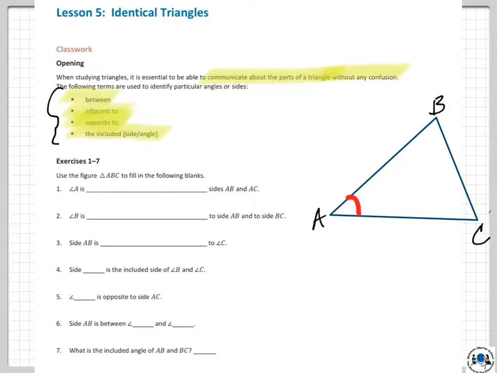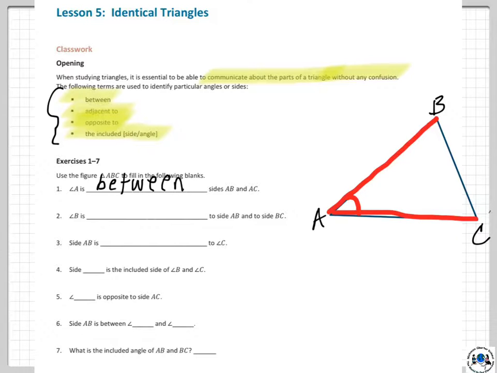So angle A is blank sides AB and AC. Here are these sides, AB and AC. The answer would be between. Makes sense. It sits right between.